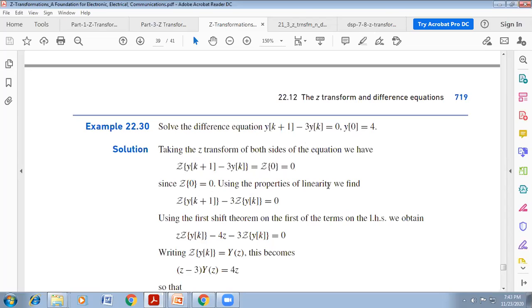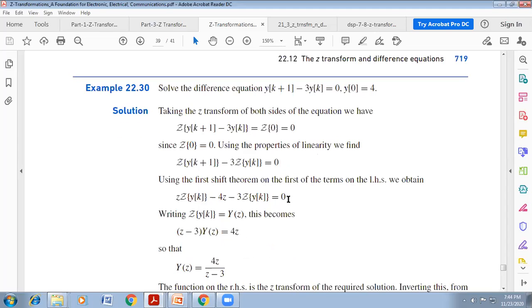Using the linearity property, we find the Z transform of y(k+1) minus 3 times the Z transform of yk. This is the linearity property we studied in our previous lecture. There are maybe 3 or 4 lectures on the Z transform.